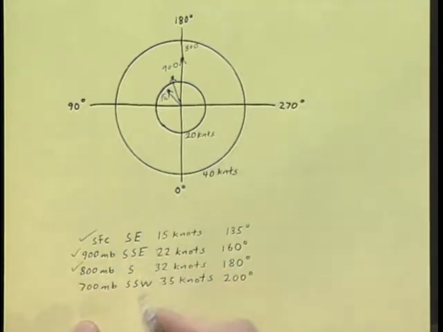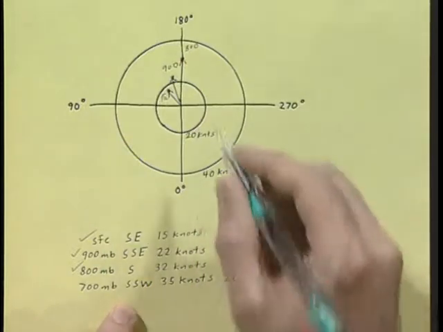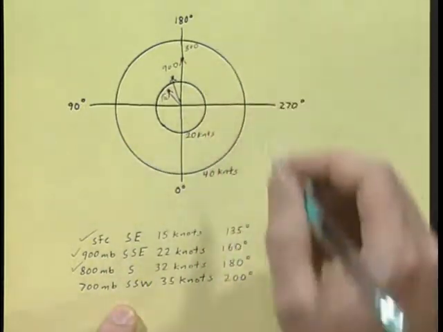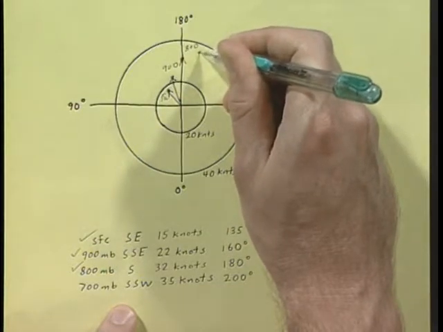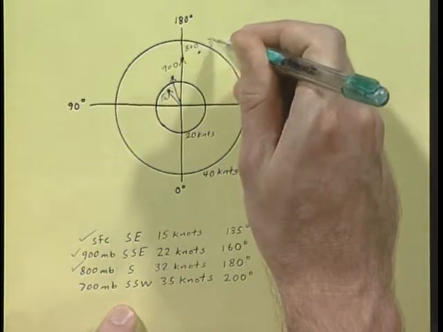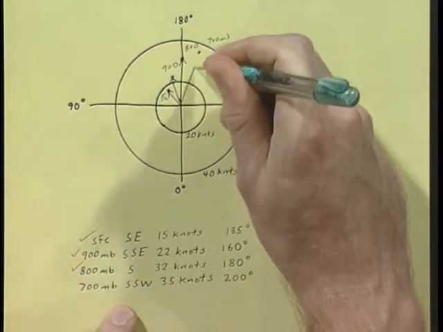And then lastly, we have 700 millibars, which is a wind from the south-southwest at 35 knots. So you've almost made it to 40, but not quite. So it's coming from the south-southwest, 200 degrees, so it'll be about in this position here. That'll be our 700 millibar. And we'll also draw another wind vector.